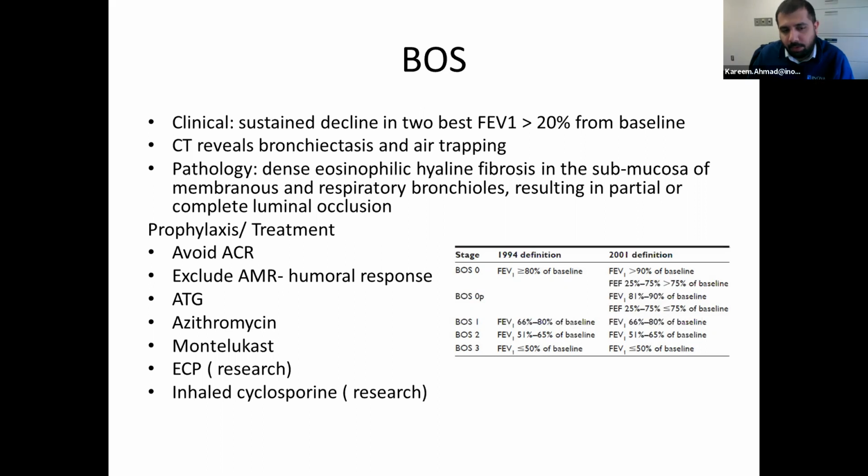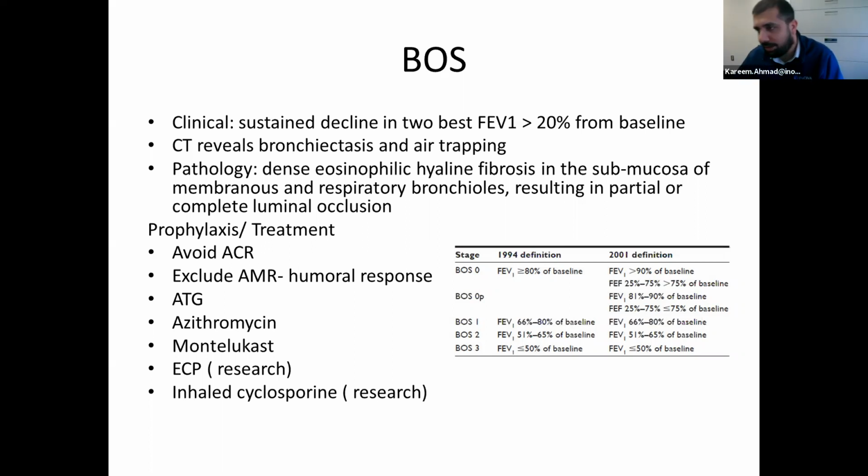And then extracorporeal photopheresis, we'll talk about on the next slide. Inhaled cyclosporine as well is another option, and then maybe even antifibrotics. So maybe there is a role for pirfenidone, which has been studied, or other agents that can mediate the process where the immune reaction goes from healing back to normal tissue and deciding instead to heal to fibrotic tissue.